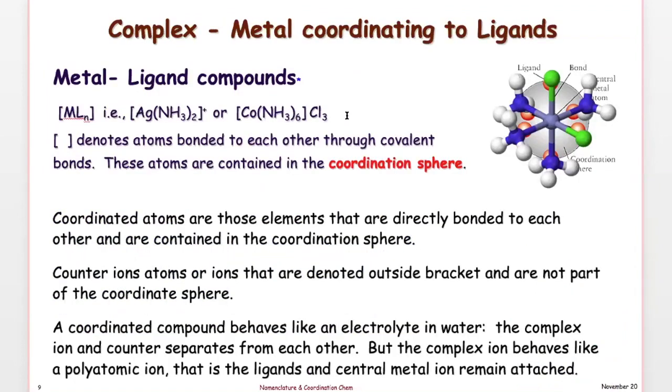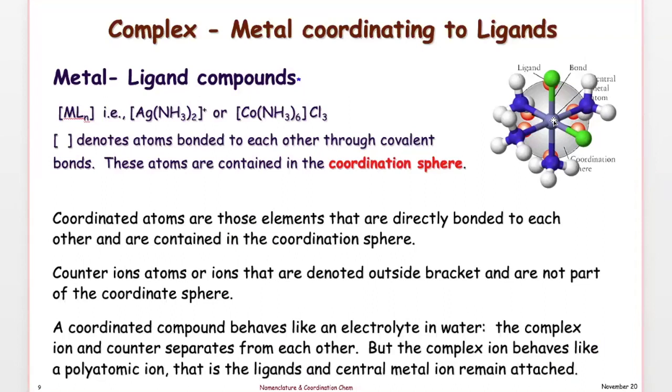Let me give you some information. Any atoms that are bonded through a network or bonded directly to the metal are called the coordination sphere. The coordination sphere is those atoms that are somehow linked to the metal.